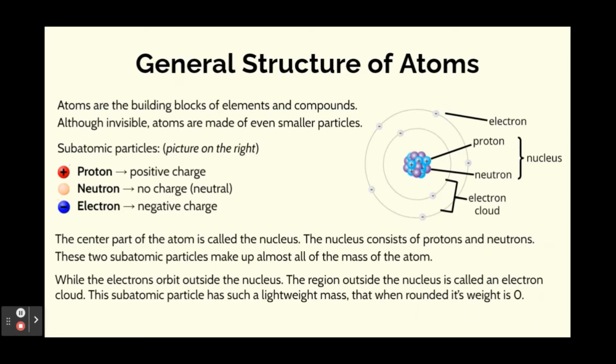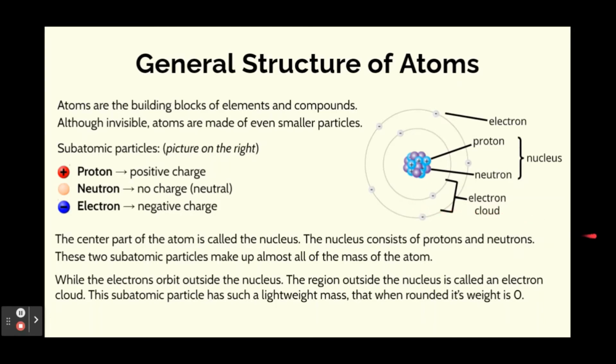While the electrons, which is the negative charge subatomic particle, orbit outside the nucleus. The region outside the nucleus is mainly made of empty space, and this is what we call the electron cloud. This model doesn't really show it, but in reality, it is basically all empty space.